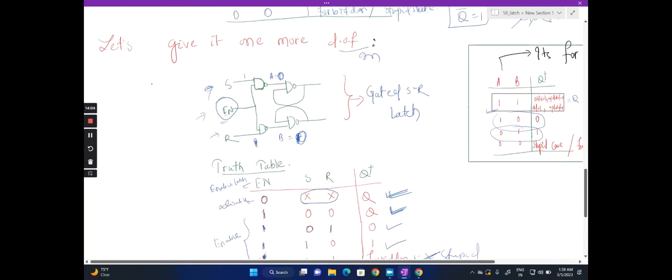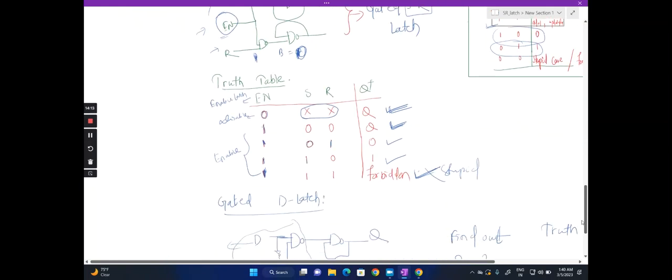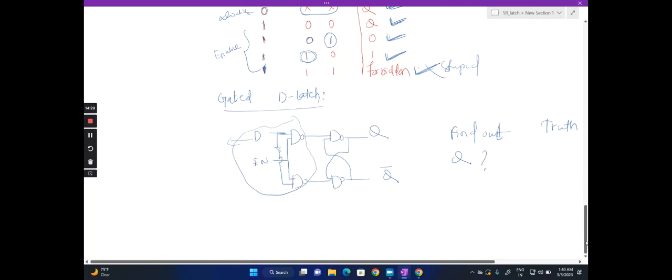That's why its name is gated SR latch, because S is for set. When S equal to 1, Q is set to 1. When R equal to 1, Q is reset to 0.